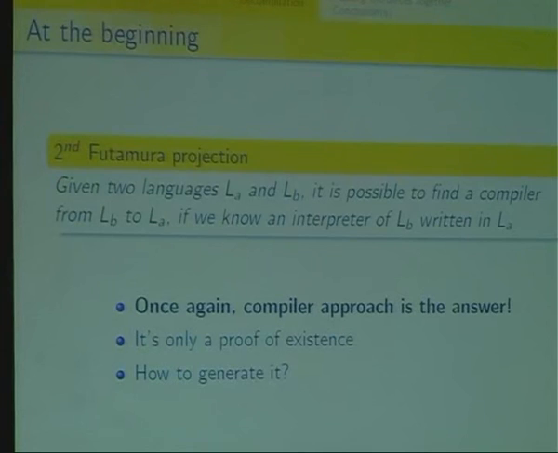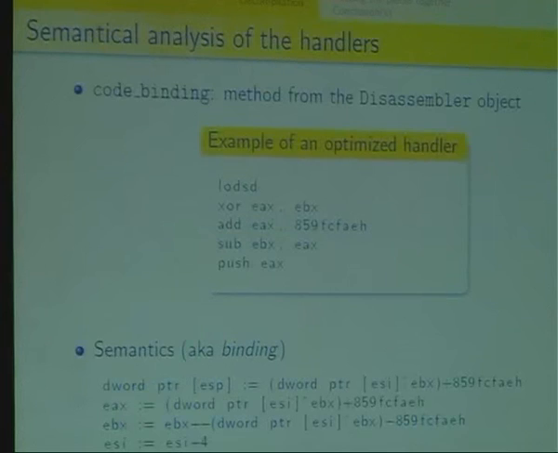Something like 13 years ago, someone proposed a theorem that says that if you know the interpreter, then you are able to code a compiler from your bytecode to native code, to sum up. And that's exactly what we do. But this theorem was only a proof of existence, and what we'll show you here is that actually we can do this.